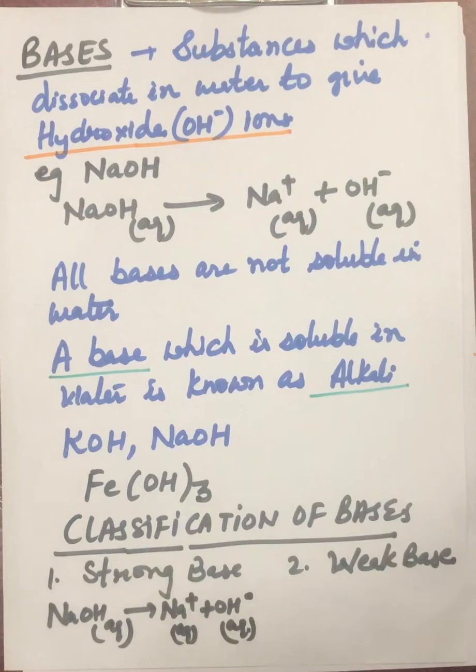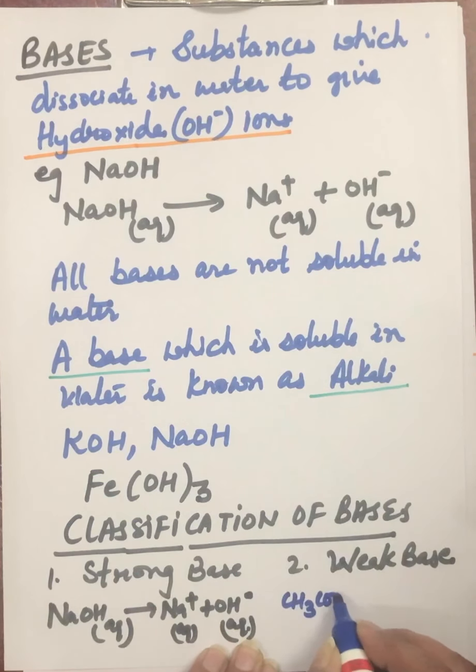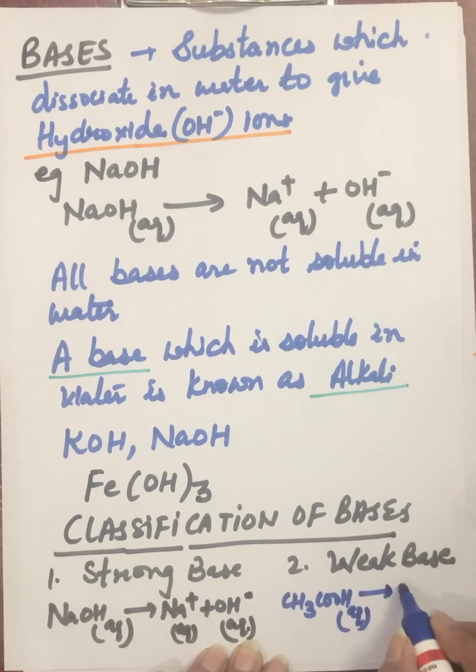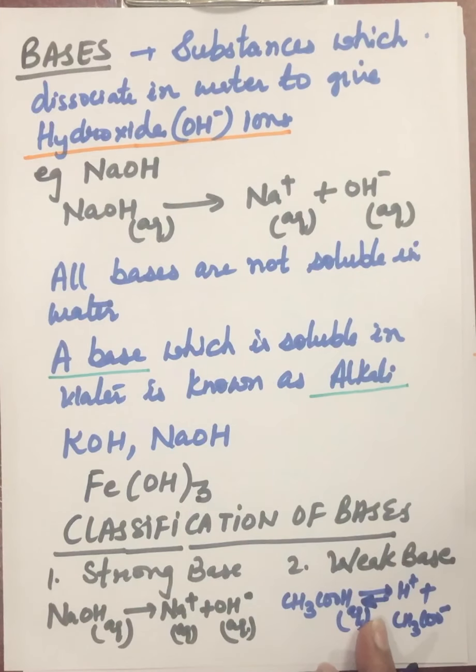While in case of weak base, I am taking the example of, like we have done before, acetic acid, which dissociates to give which ions? H plus ions and acetate ions. But for weak, what I told you, we use this arrow that shows that dissociation is not complete.